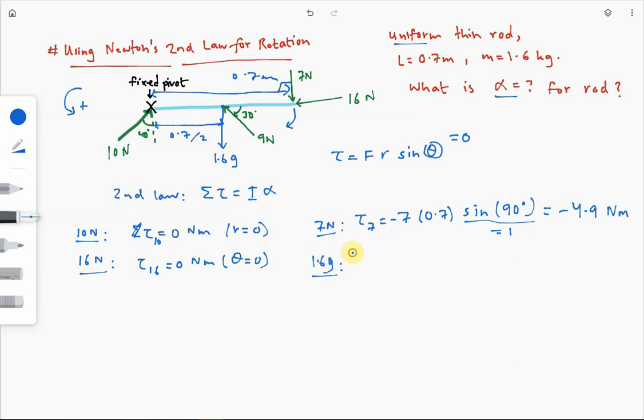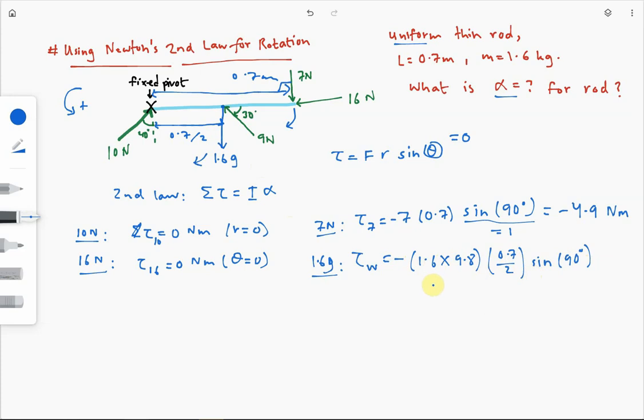Hence the torque produced by the weight, let's just call it W here, is again negative because this weight will try to rotate the beam in a clockwise direction. Negative the size of the force, which is 1.6 times 9.8 times the distance, which is 0.7 over 2 times sine of, again this is 90 degrees as can be clearly seen from the diagram.